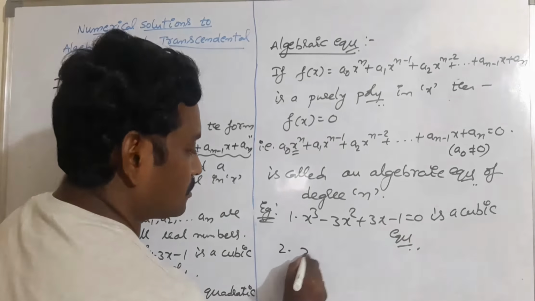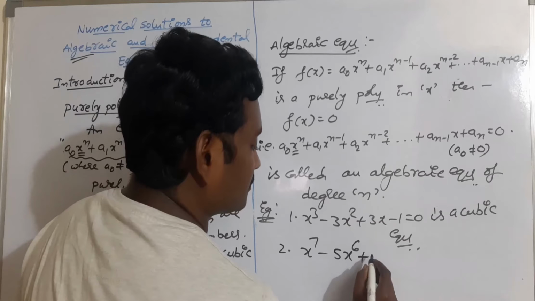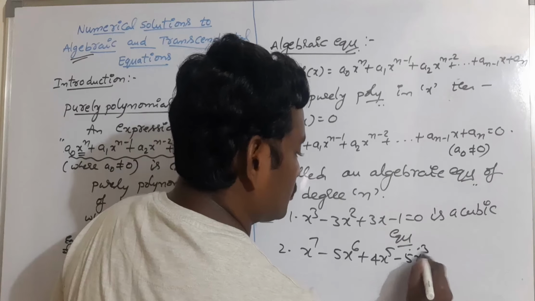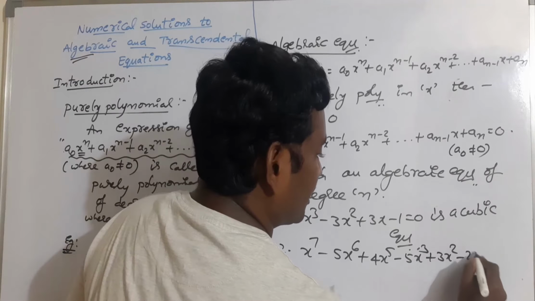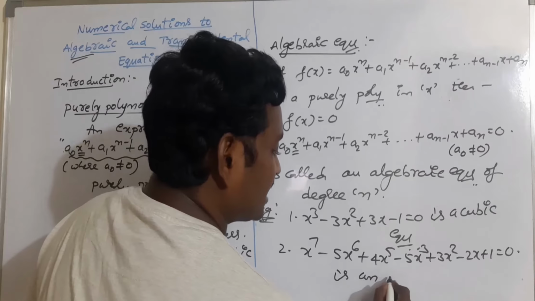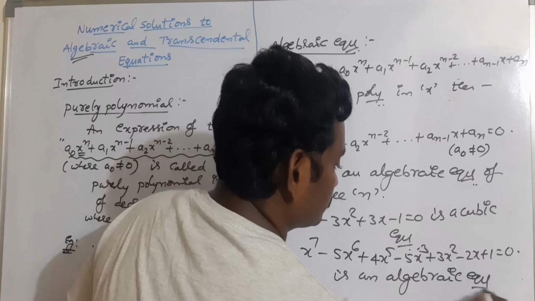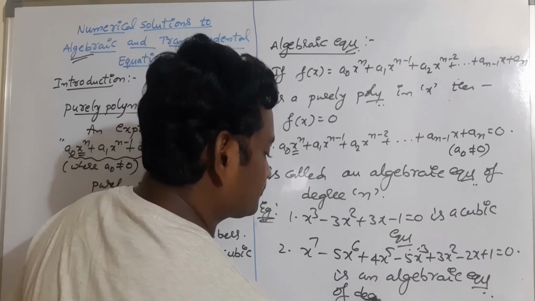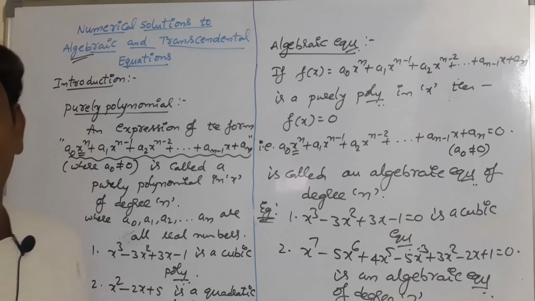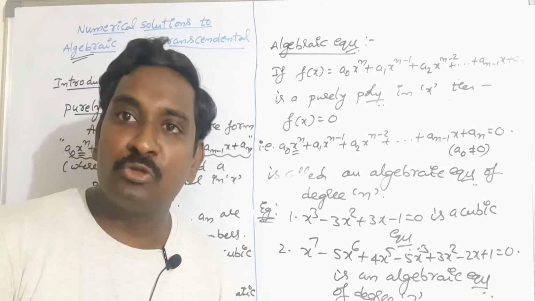Suppose we have x^7 minus 5x^6 plus 4x^5 minus 5x cube plus 3x square minus 2x plus 1 is equal to 0. This is an algebraic equation of degree 7. So from these examples we should understand that the degree of an algebraic equation should be positive.